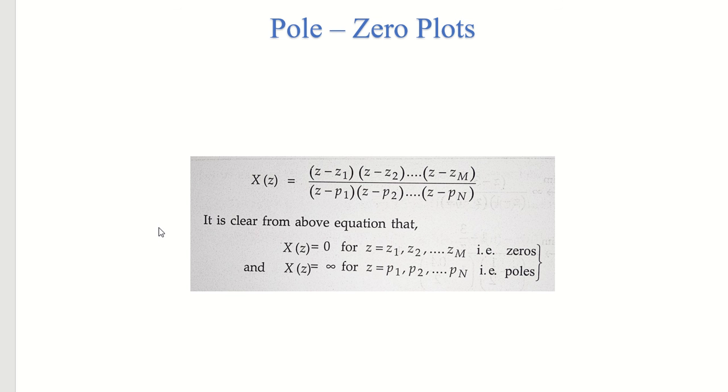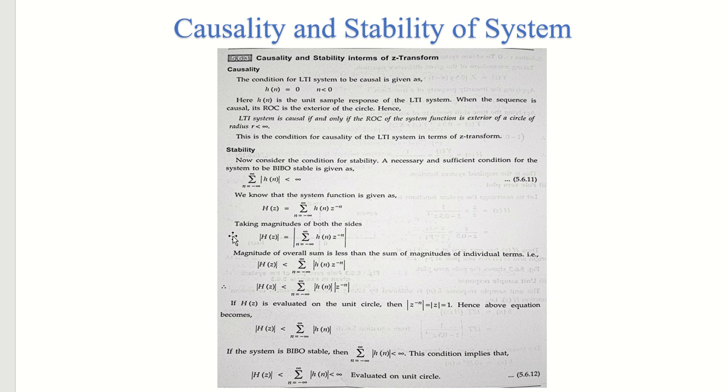And obviously it is very clear that for all the values z1, z2 up to zm, the value of X of z will be 0 for zeros, and X of z will be equal to infinity for poles. So now we are done with the poles and zeros concept.